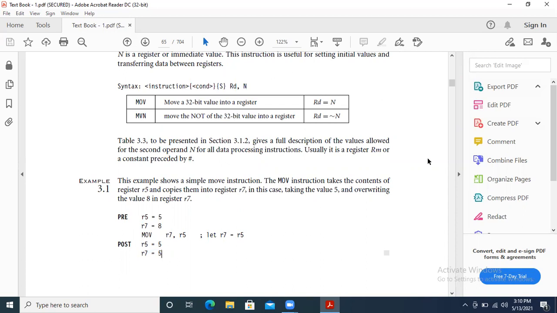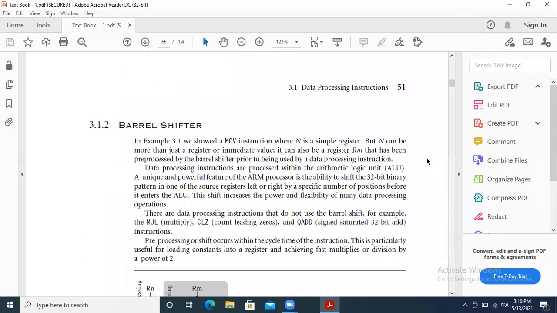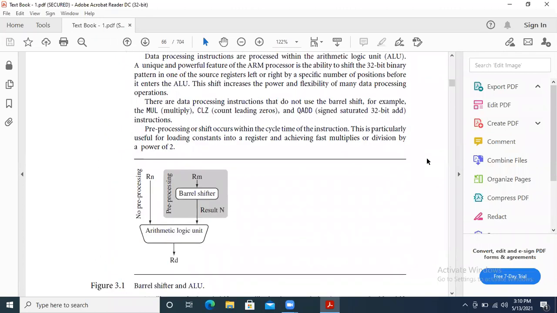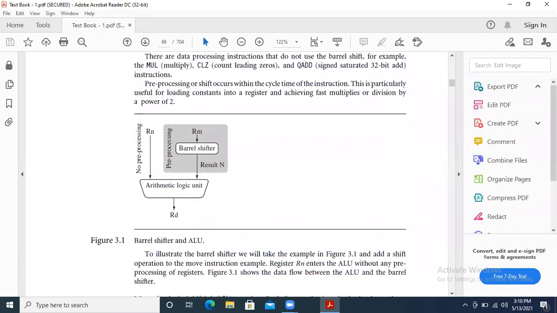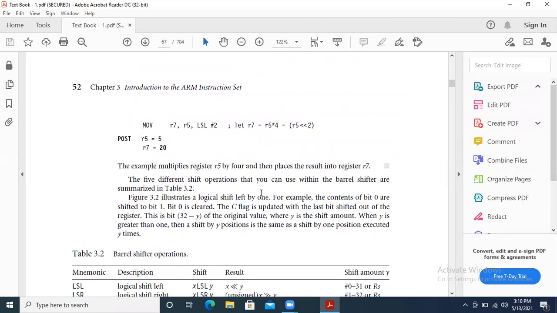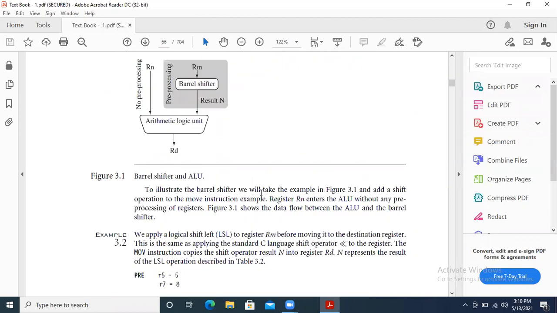But when you come to the barrel shifter, before executing the instruction, we are doing some pre-processing here. That is called a barrel shifter. So I'll take a simple example here. Here also I'm taking the values R5 equal to 5, R7 equal to 8.